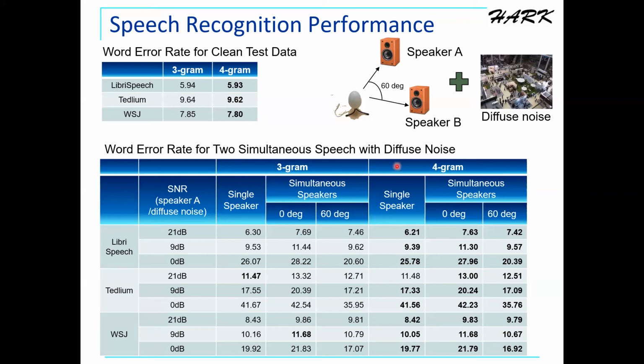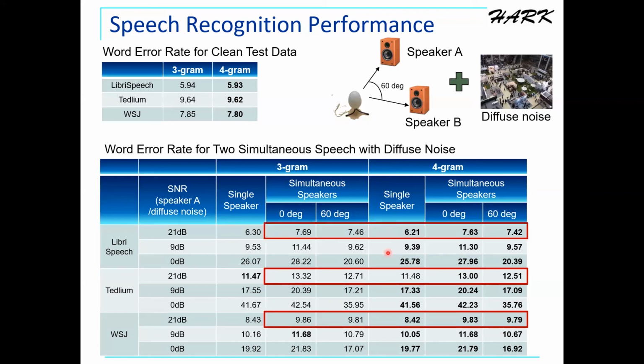And please look at this table. When the power of the diffuse noise is not so big, the performance was 7% to 13%. Even when the signal to noise ratio is 0 dB, the performance is maintained.